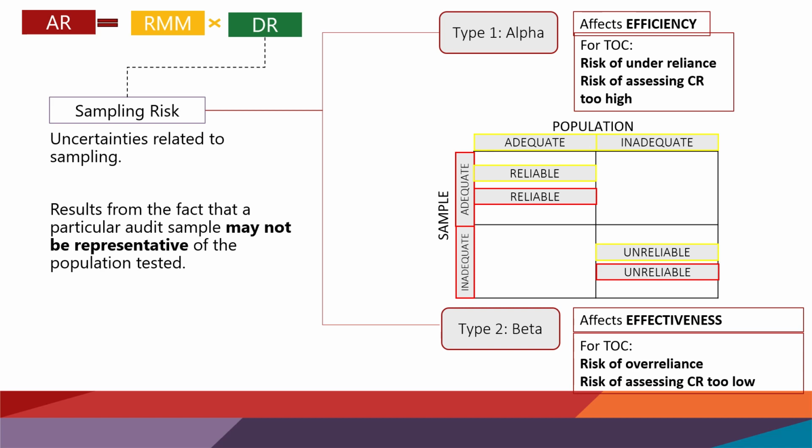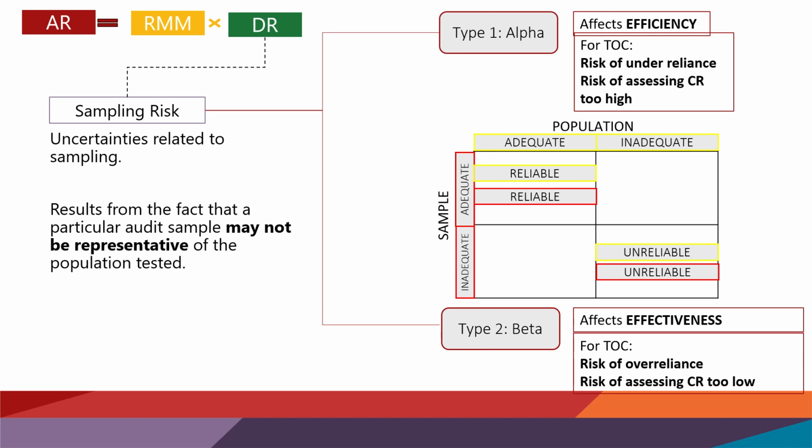So, bravo you. That means that your conclusion will be correct. Remember what we said in the previous video? Our decision will be based on the sample because it is what we have seen, it's what we have actually tested. And so, therefore, in the case of our first two illustrations, the auditor will be able to give a correct decision because in this case, the sample looks like the population.